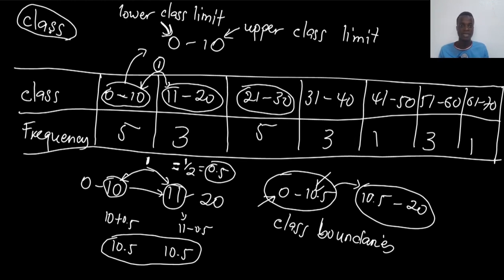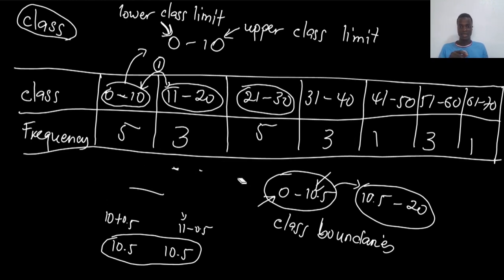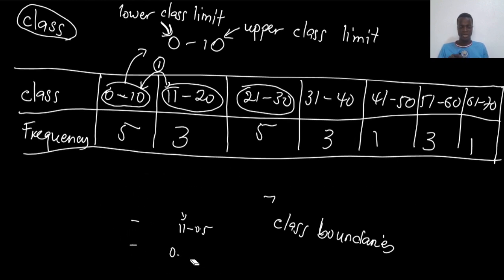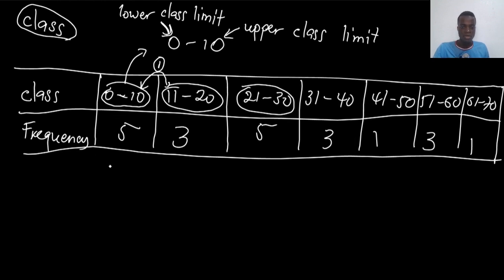That's what we did basically. So let's use that on all the data here. You can change the classes to class boundaries, but the frequencies remain the same under them, right? So the first one is 0 to 10, right?